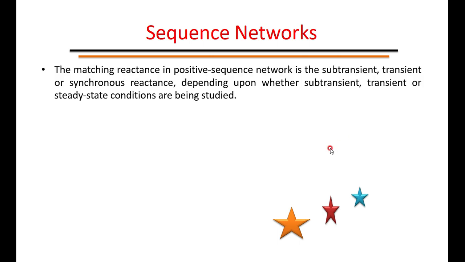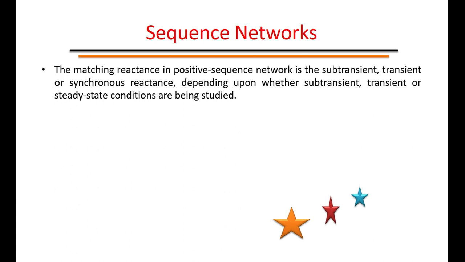Therefore, the matching reactance in a positive sequence network is the subtransient, transient or synchronous reactance, depending upon whether subtransient, transient or steady state conditions are being studied. That is, in the positive sequence, if you are representing a synchronous generator, it depends upon which current you want to determine.